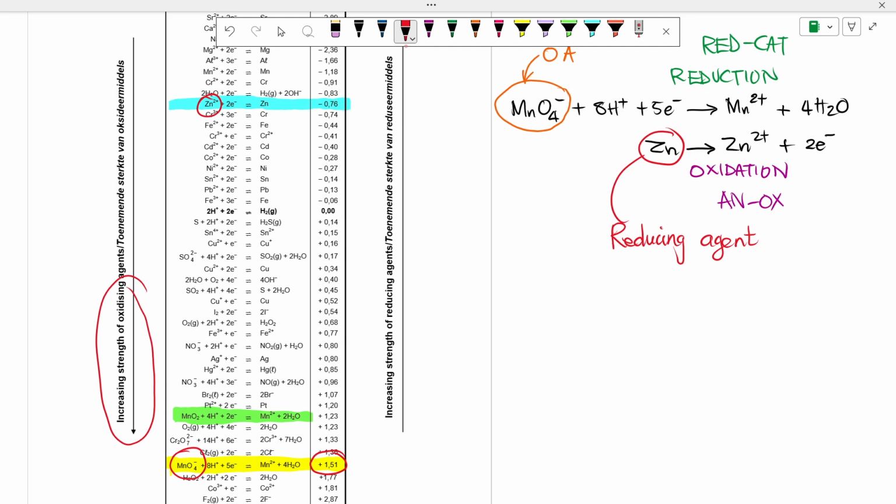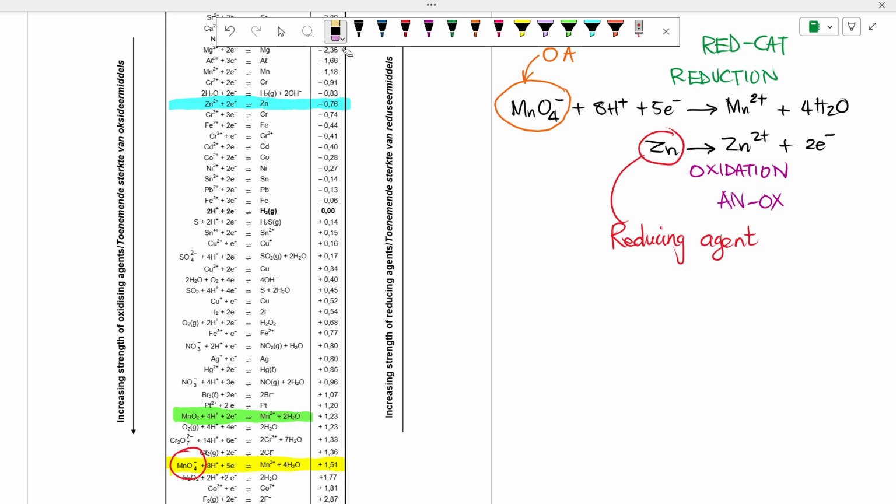You can say zinc 2 plus is a stronger reducing agent than MnO4, therefore this will force MnO4 to be reduced. You can put it in two ways, and in the memo they will also have two options. Both answers are correct. Just make sure you know what you need to include.